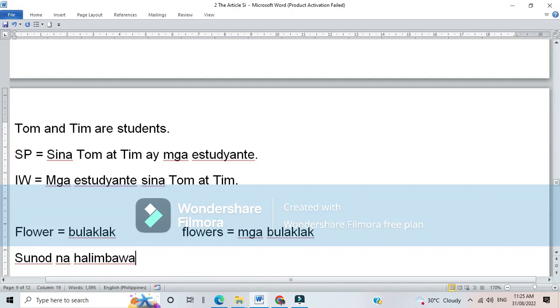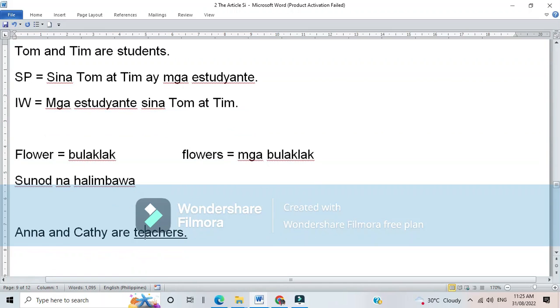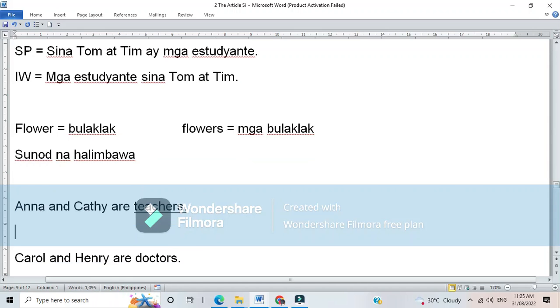Okay, so sunod na halimbawa means next example. Okay, so you try to answer this. Anna and Kathy are teachers. Okay, so using the subject predicate is sina Anna at Kathy ay mga guro. So guro is teacher.